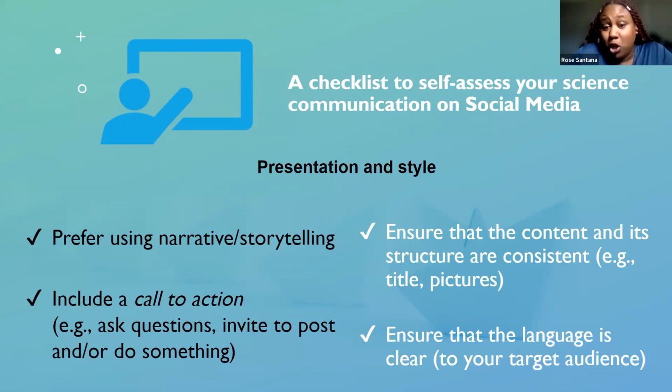And include a call to action, or ask questions, invite people to post or do something. It's always a great way to get people to engage with you. And it's a two-way street, right? Science communication is a two-way street, especially on social media. It's no fun when you post something and you get no comments and likes. So putting out a call to action, or asking people to comment or question, is always a great way to ramp up that engagement.